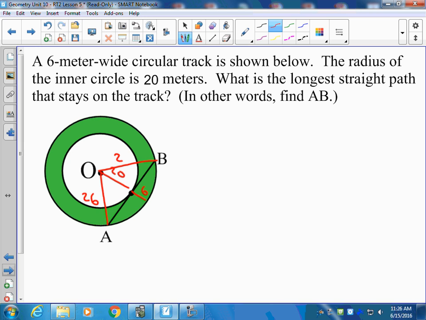Then what we're trying to find is the distance all the way across. We're not given any degree measures, so we have to assume that we have a right triangle.